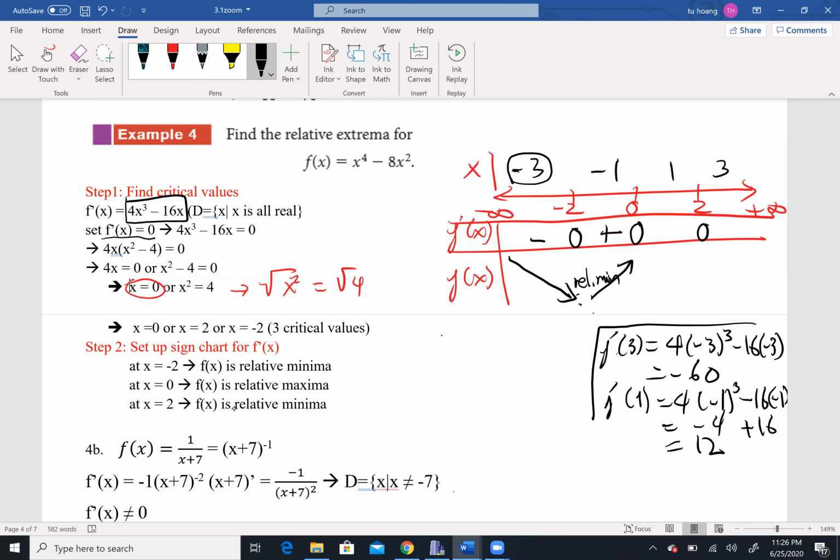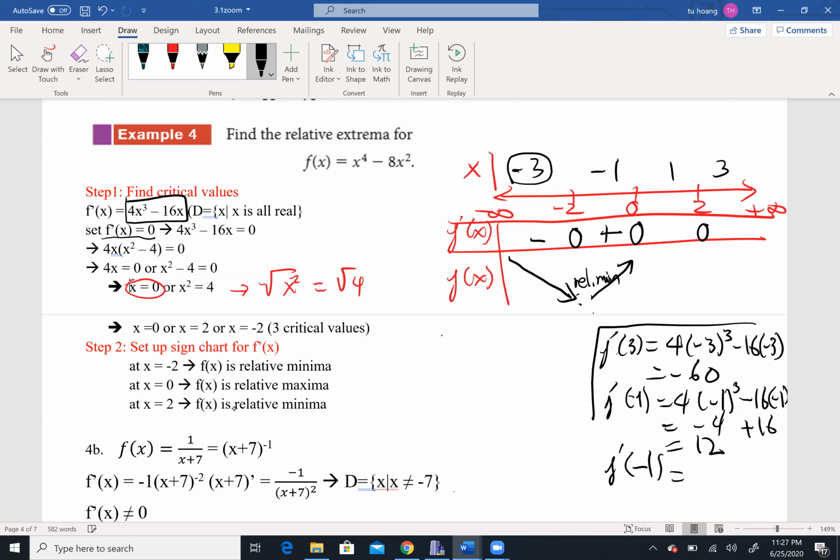Okay, now from the interval from 0 to 2, I choose number 1, right? So I should have 1 here, right? So you also want to check the number 1 for f prime of x.